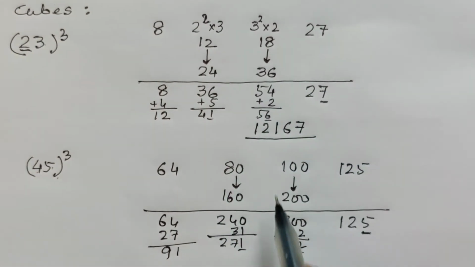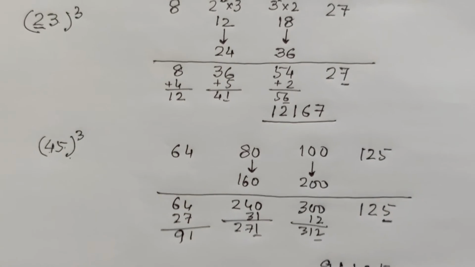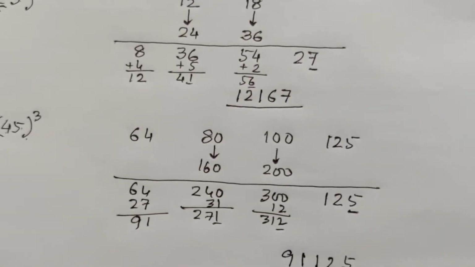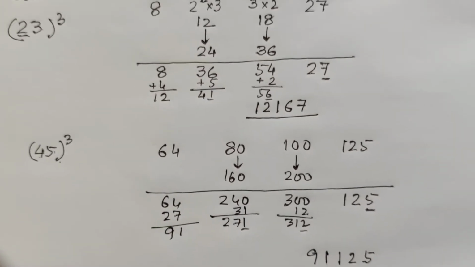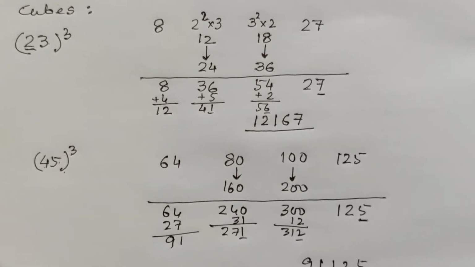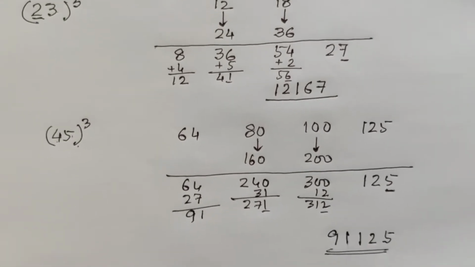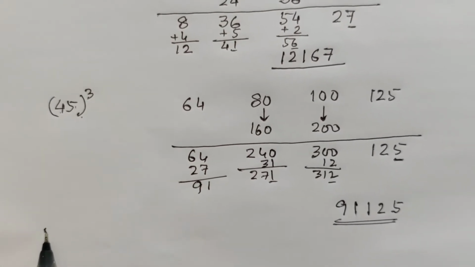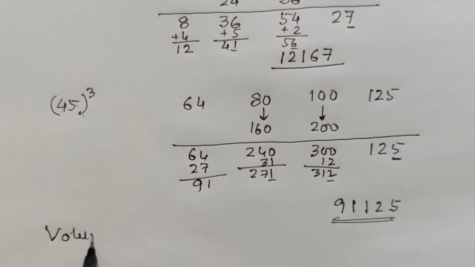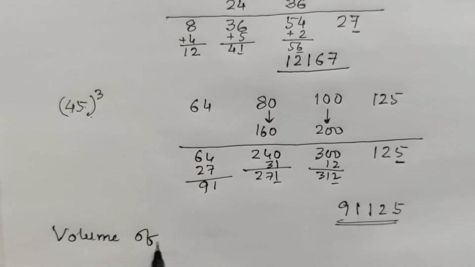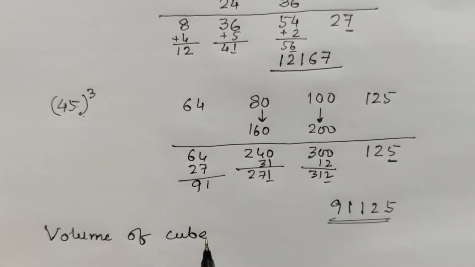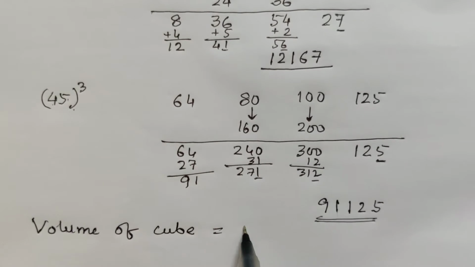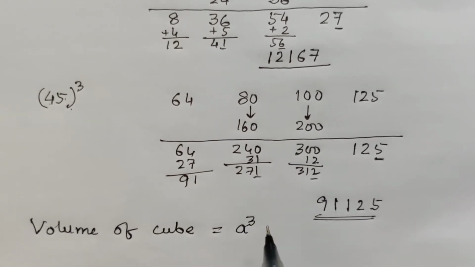That's the way we have to find the cubes. Now what are the ways of using these cubes? In competitive exams it will come like this, any kind of thing. Suppose you have to find the volume of cube. Volume of cube is equal to a cube, means side cube.